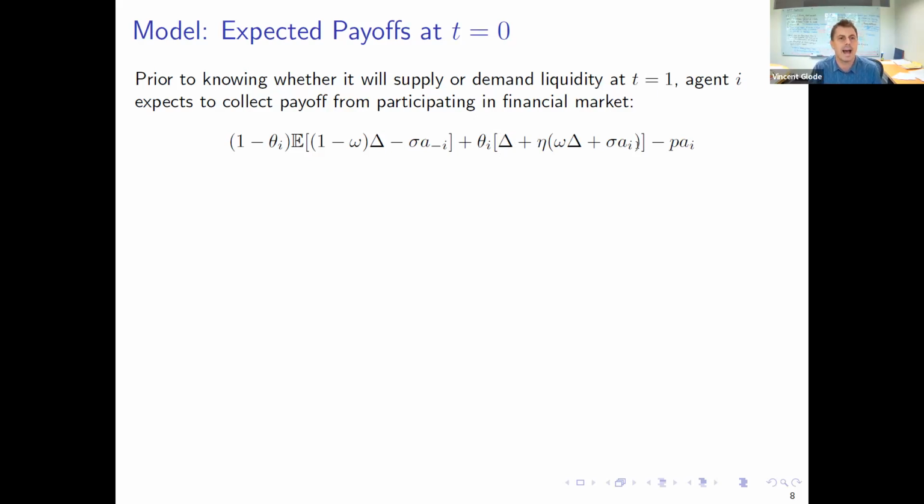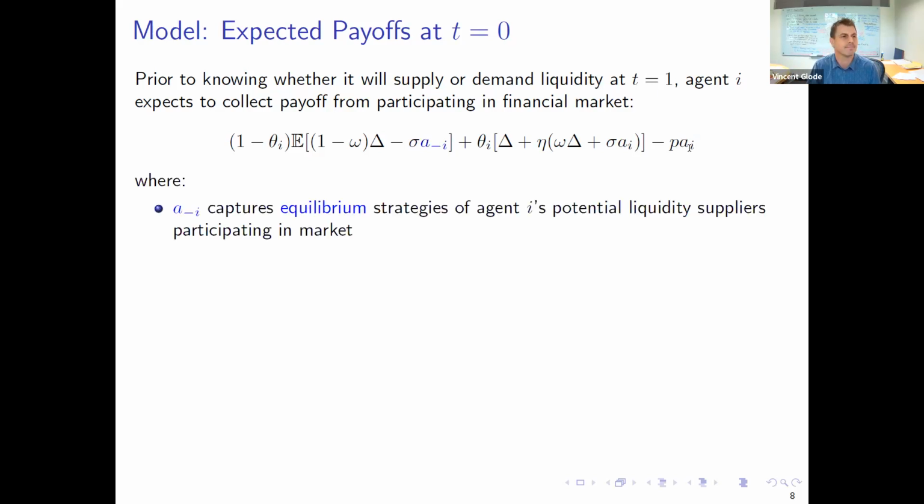But then on top of that, I get a share of liquidity demanders' surplus, and the transaction volume I participate in is denoted eta here. So this is telling me how often I get to use my trading advantage against liquidity demanders. And then finally, we have minus the price times my action, whether I acquire the trading advantage or not. So this is equal to 1 if I do, and equal to 0 if I don't.